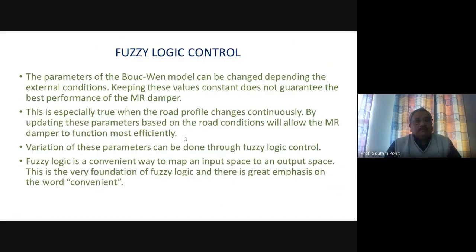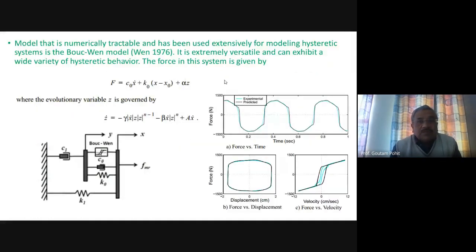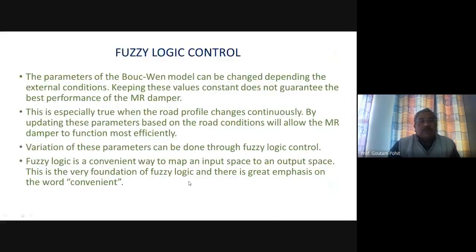Now, these parameters, C0, K0, alpha, those are the parameters of the magnetorheological damper. Now, these parameters of the Bouc-Wen model can be changed depending on the external conditions.